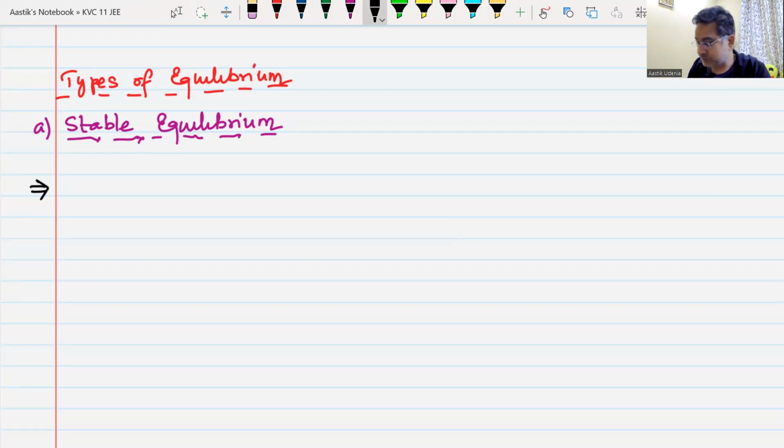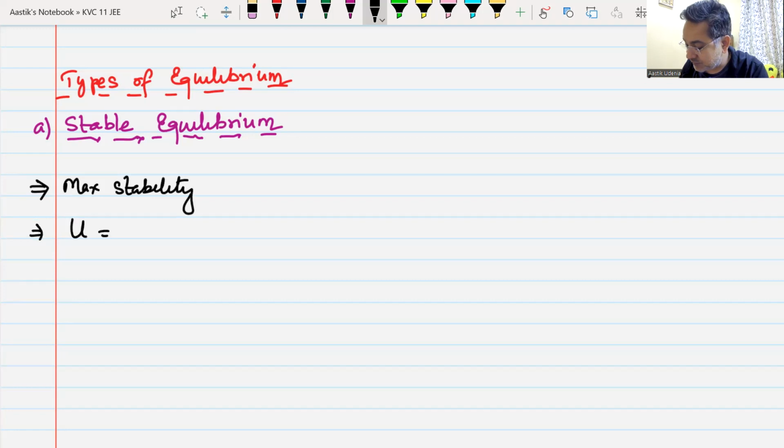Maximum stability, sir. This is the point which has got maximum stability. Anything else? Potential energy is minimum.